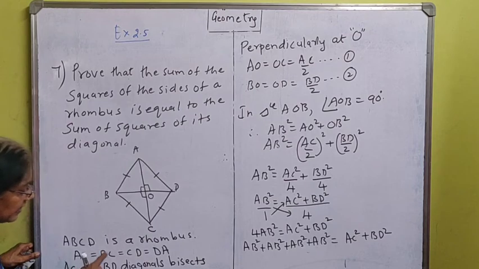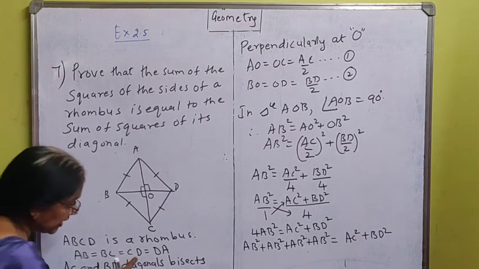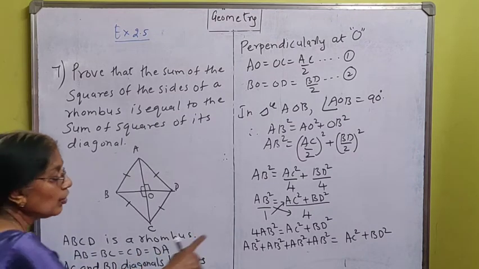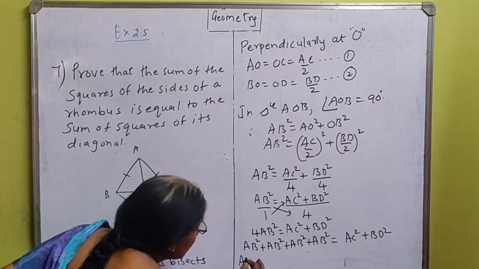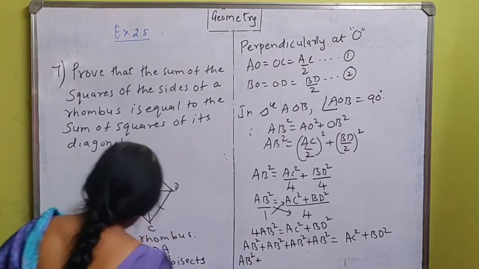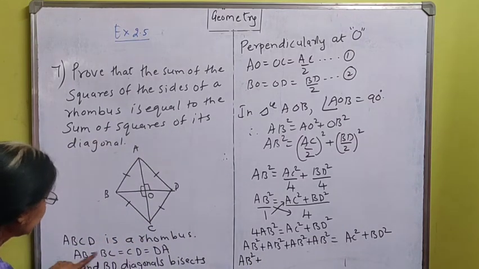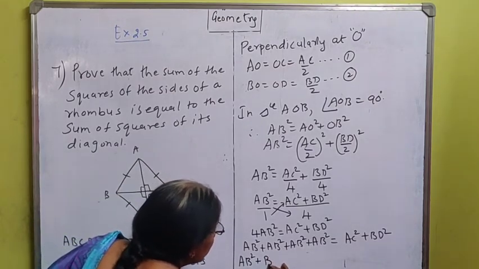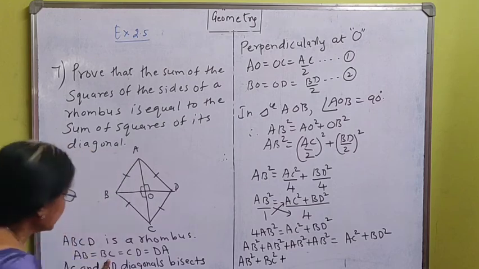Instead of AB I can write it down as BC. Again instead of AB I can write it down as CD. And instead of AB I can write it down as DA. So first AB square I will keep it as it is. So, next, instead of AB I can write it down as BC. It is AB square. So, it will become BC square plus.